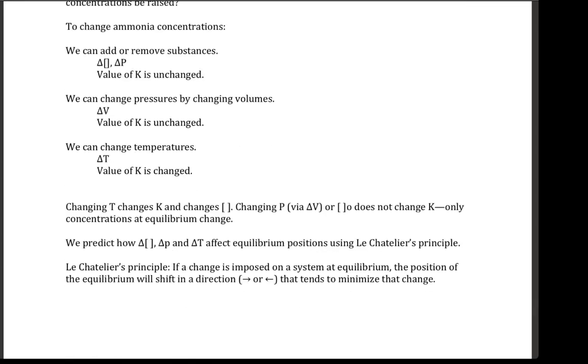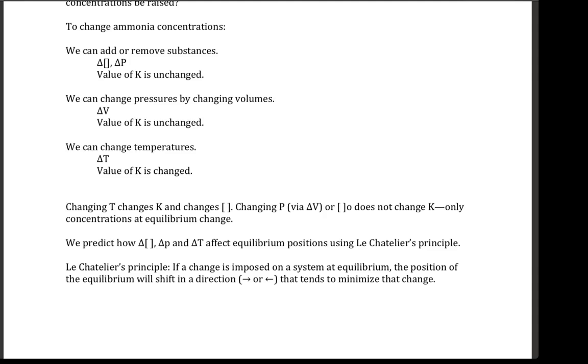We can predict how changing concentrations, changing volumes, and changing temperature affect the equilibrium positions using what's called Le Chatelier's principle. Le Chatelier's principle is: if a change is imposed on a system at equilibrium, the position of the equilibrium will shift in a direction, to the left or to the right, that tends to minimize that change.